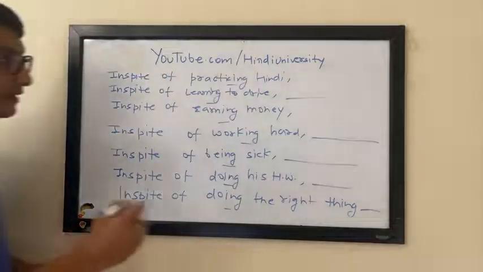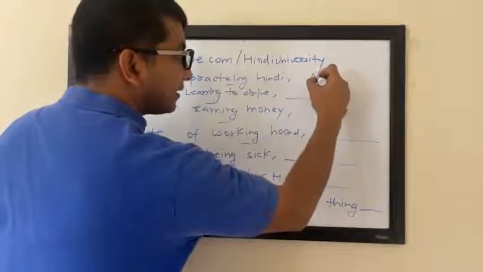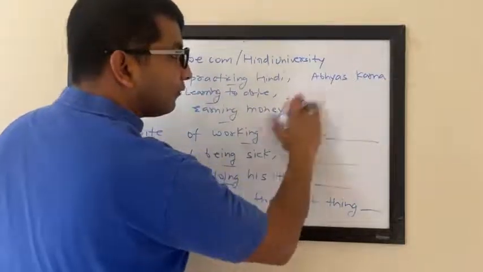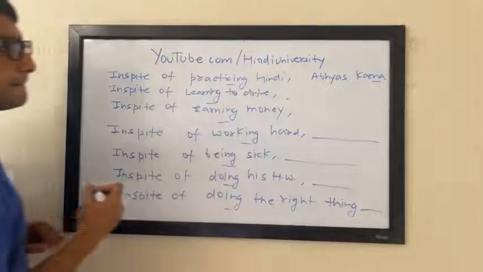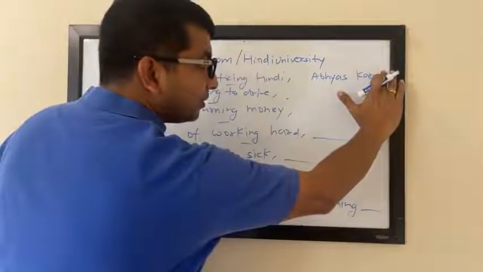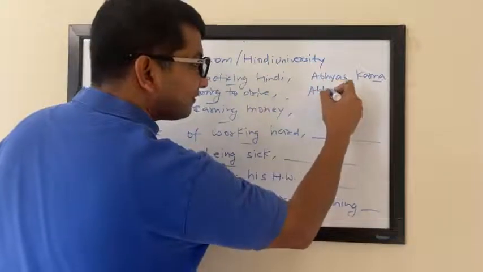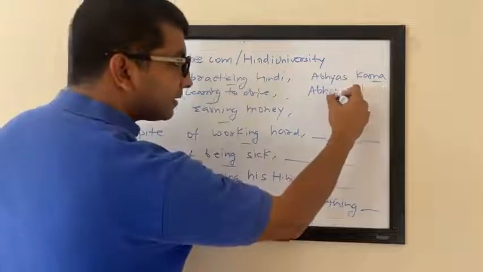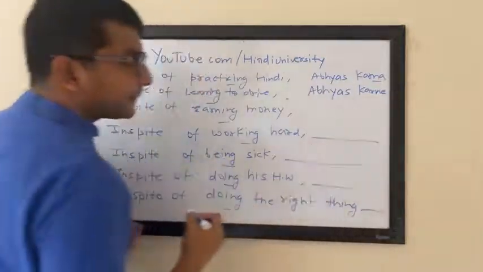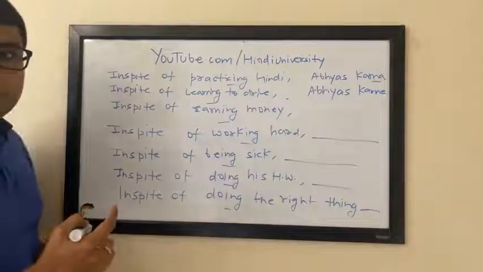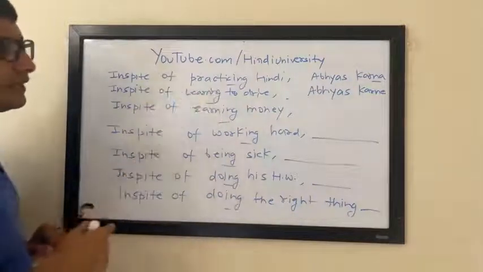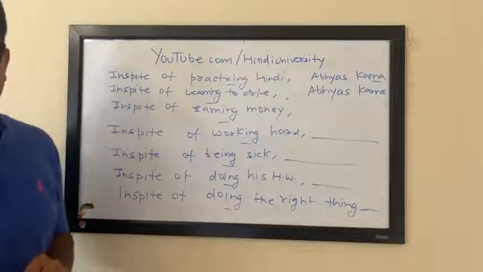Abhyas karna. What is the oblique form of abhyas karna? Abhyas karne. Very good. Or practice karna, if it is hard for you, simply say practice karna. So oblique form is na becomes ne. Abhyas karne. All you have to do is put par bhi after that. Abhyas karne par bhi. Or Hindi practice karne par bhi.